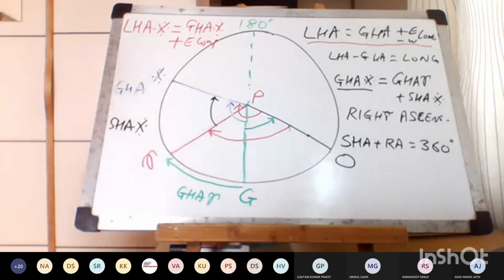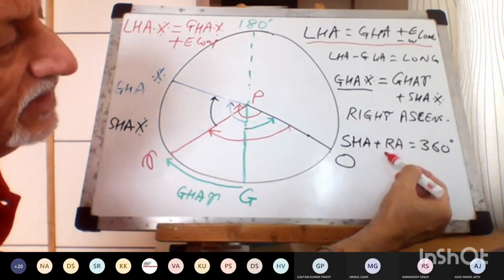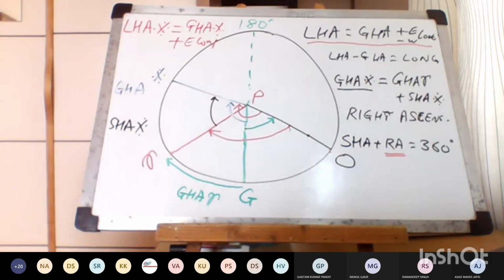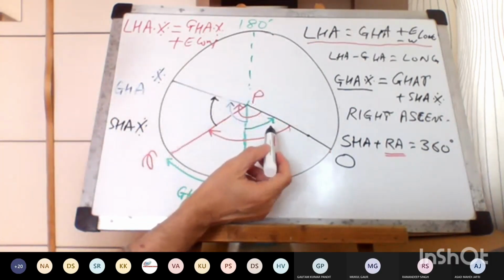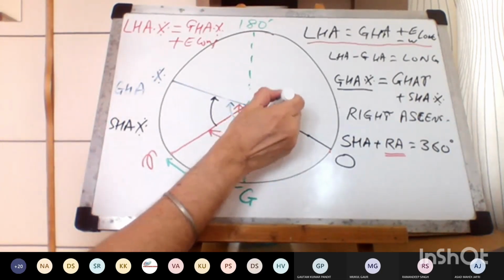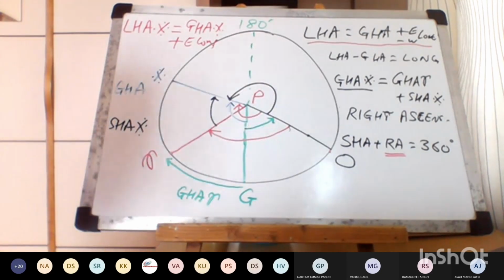Like the right ascension, I would like to point out one more thing over here. SHA, if I measure in the easterly direction, it is called right ascension. I can measure LHA also in the easterly direction. Let us say this was LHA star. If I measure it like this, it is of no consequence, not important, but I'm just telling you in case sometimes in the question they confuse you.